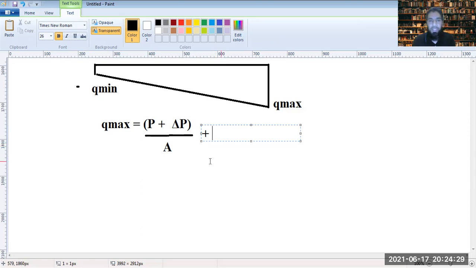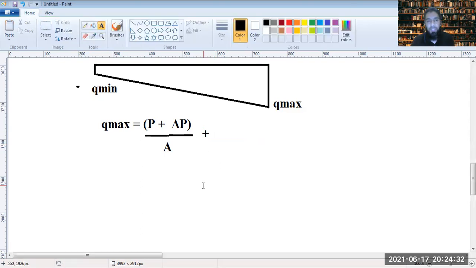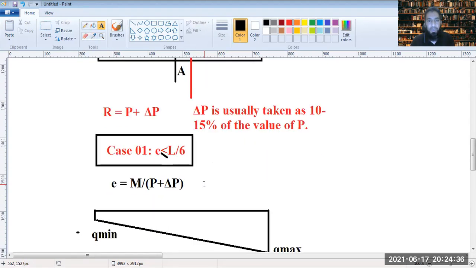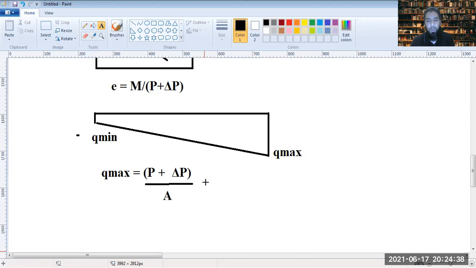And what is moment-induced stress? That's M by Z. So once we know M by Z, how much is M by Z?